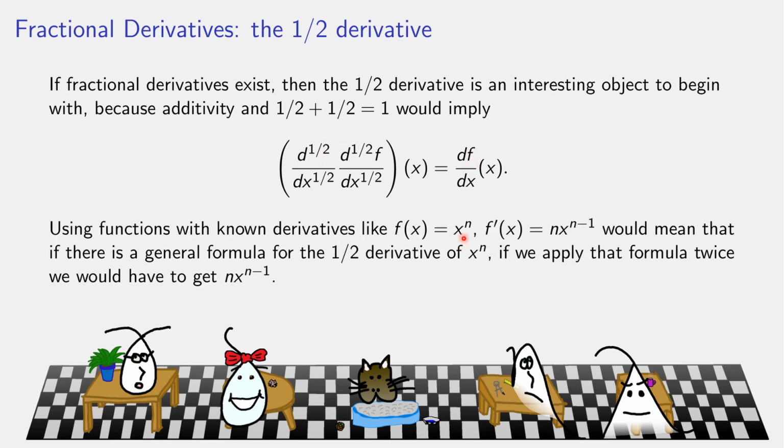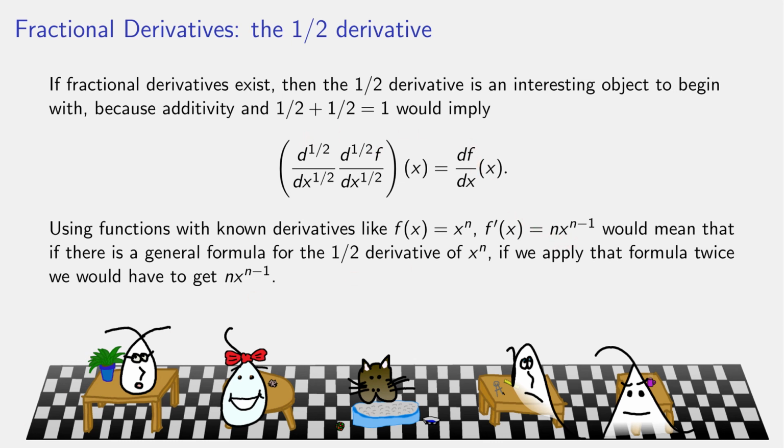Now, powers of x have very predictable formulas for whole power derivatives. So the derivative of x to the n is just n times x to the n minus 1. So if there's a general formula for powers of x for half derivatives, if I apply it and then I apply it again, I should somehow end up exactly here.